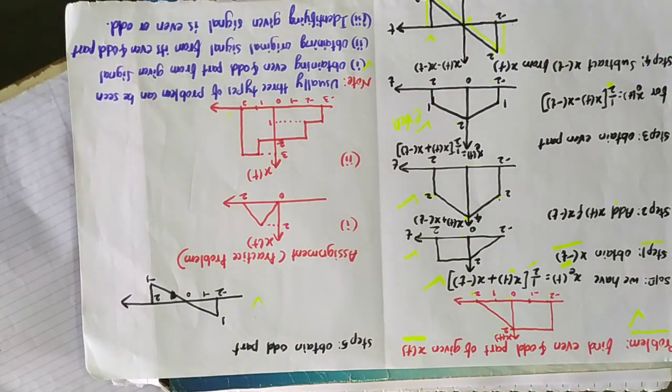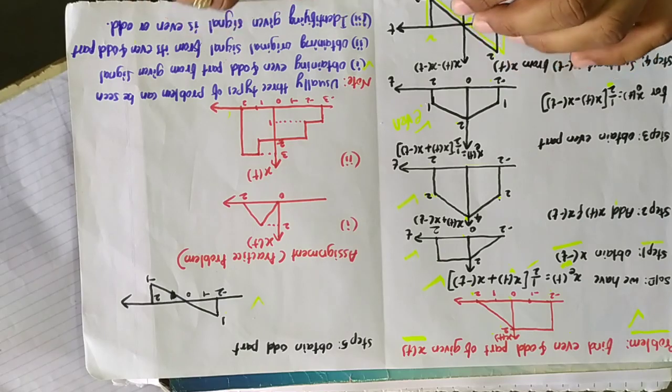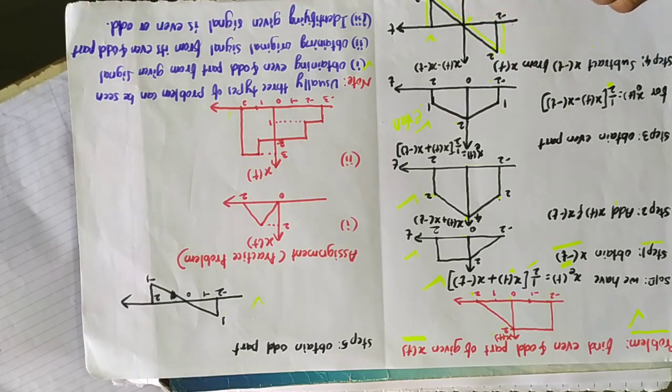The given signal x of t is obtained when xe of t and xo of t are given: add the even part and the odd part, and you will get the original signal. Usually this kind of problem you will see in competitive exams, something like GATE, some BSNL exams, ISC exams.